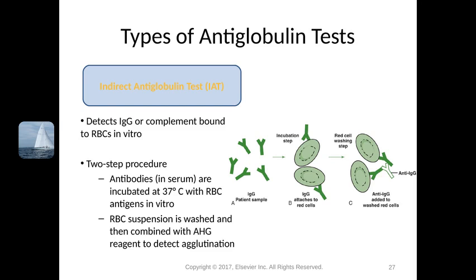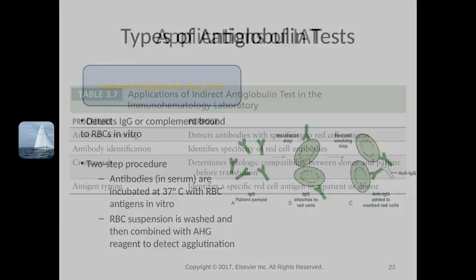And we will add patient plasma or serum to it, mix it up, and let it incubate at 37 degrees Celsius. Then we wash it, add anti-IgG, and look for agglutination. If agglutination is present, that means there is some sort of clinically significant antibody present within the sample, and we'll have to further identify that by doing antibody identification.